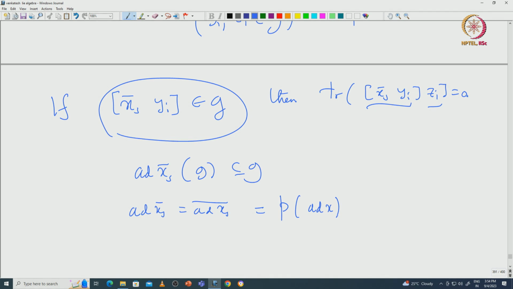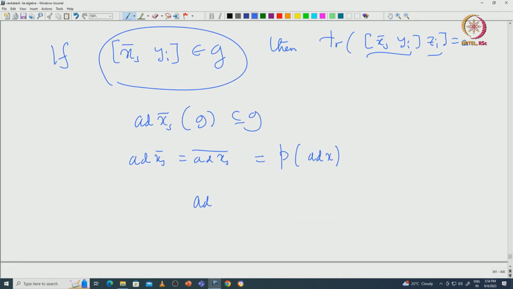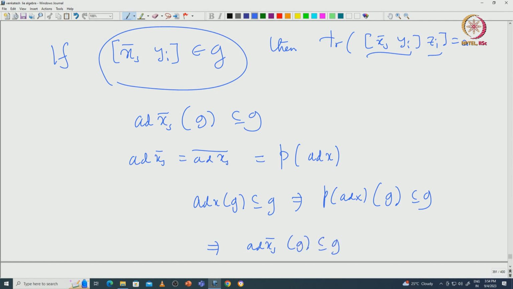Now because ad x maps G to G, this polynomial in ad x also maps G to G. So that proves that ad x bar also maps G to G.